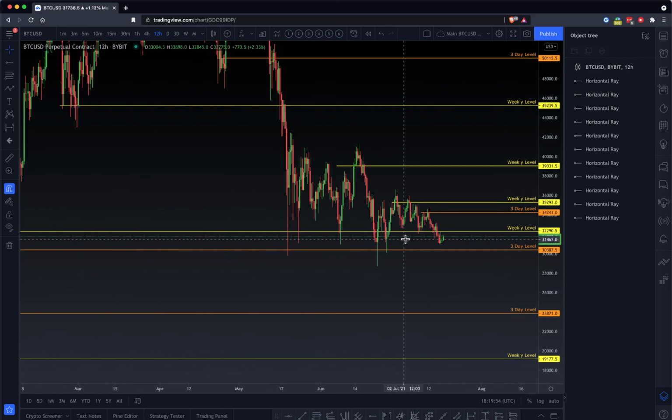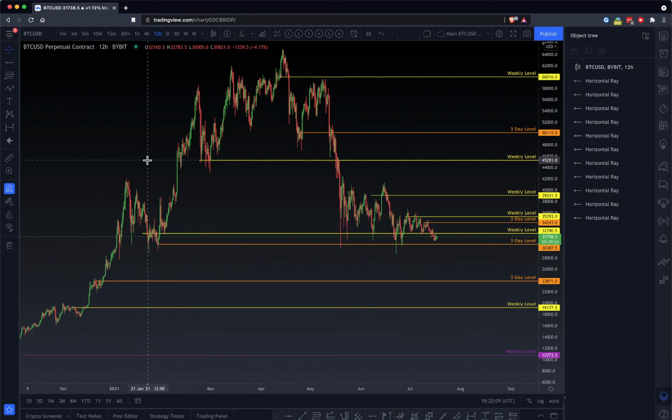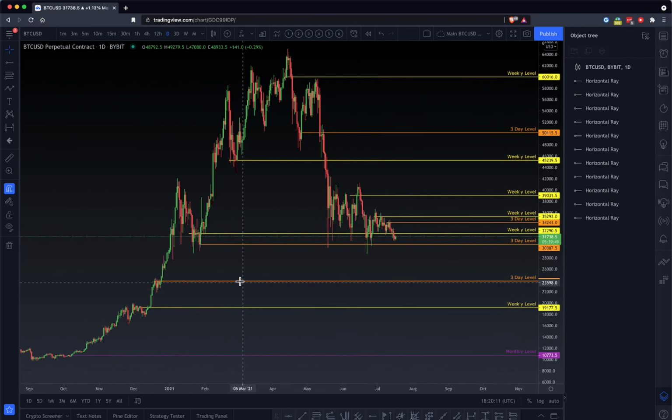Check 12-hour as well. We had a small tiny support at around 31,000, around the previous low of the range. And obviously we had another daily here.